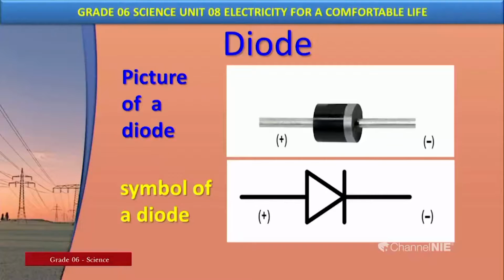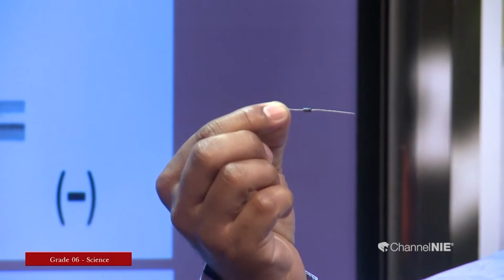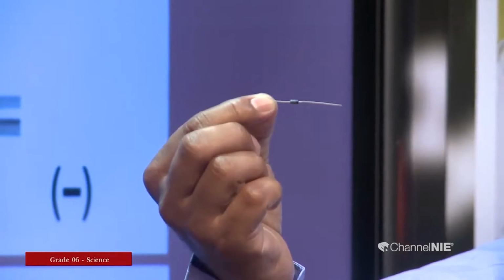Diode. Have you ever seen a diode? Yes, I showed you in the previous program also. Today also I am going to show you a diode. This is a diode. It's a very small electronic device.